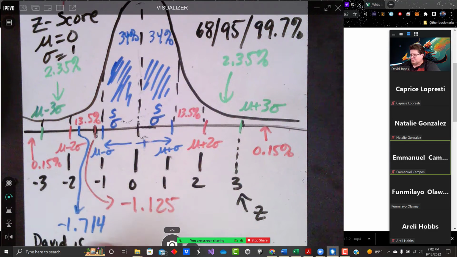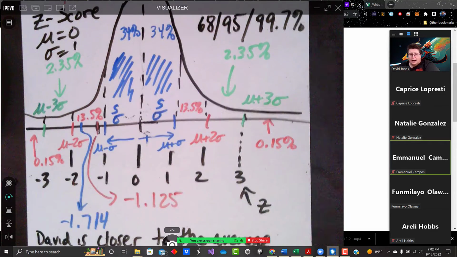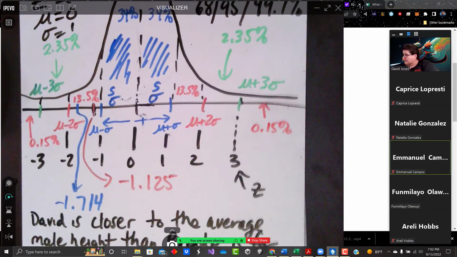David is closer to the average male height than Brooke is for females. Oh, I'm off the screen.